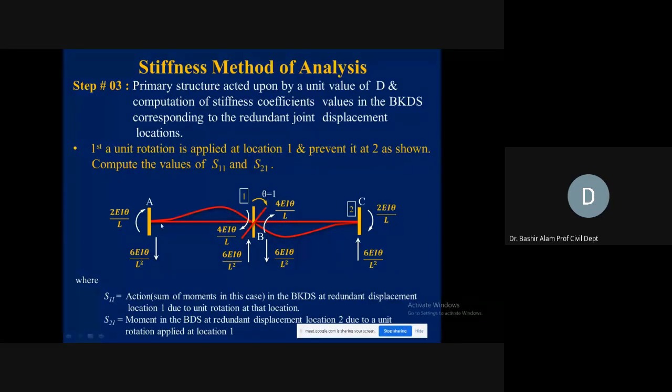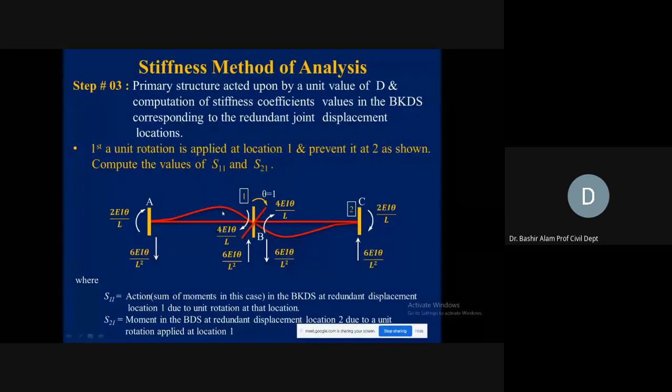Now, for the left span, if you want to put this in equilibrium, here we have 4EI theta divided by L, and at the left we have 2EI theta divided by L. So this will cause rotation of the span. To put this in equilibrium, we need to balance it by an opposite couple. How is the magnitude of this opposite couple calculated?